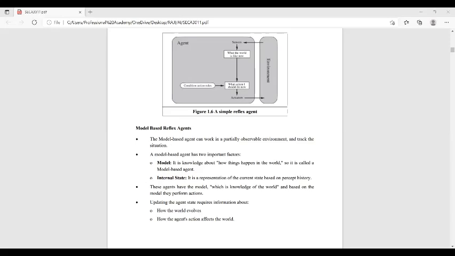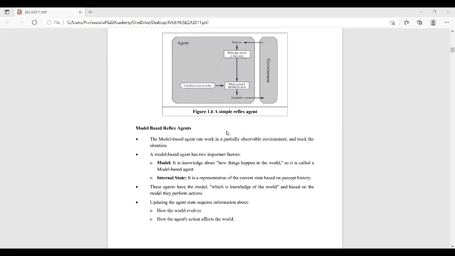Whereas the model-based reflex agent works only in a partially observable environment. It actually tracks the situations. A model is knowledge about how things happen in the world, so it is called a model-based agent.